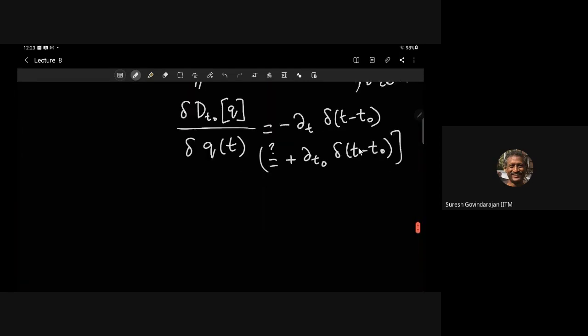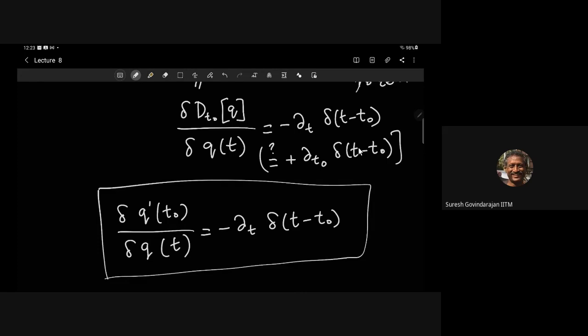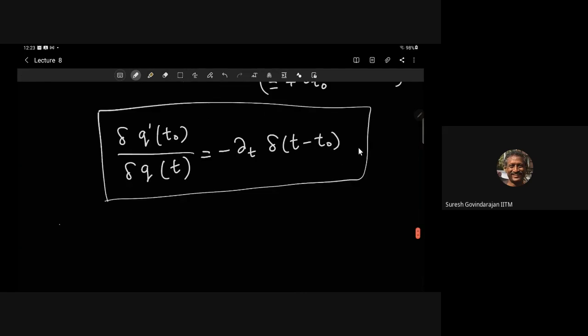So again, I'll plug in delta Q prime of T naught. Now you can exercise and generalize this several times over.